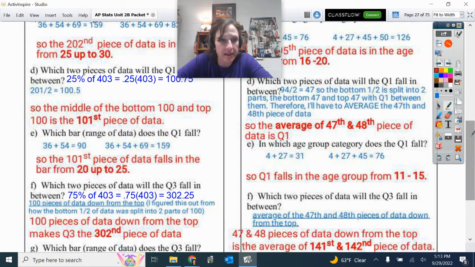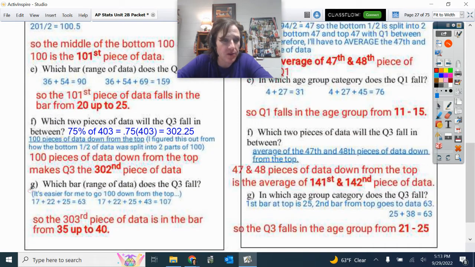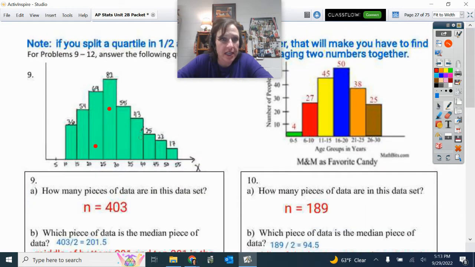Oh, see, here I went down from the top, but you could add all of those up and you would see that piece of data is from 35 up to 40. I'm not sure, I think this took you to 107. I don't know exactly, but I can tell that it's going to be in that bar right there.